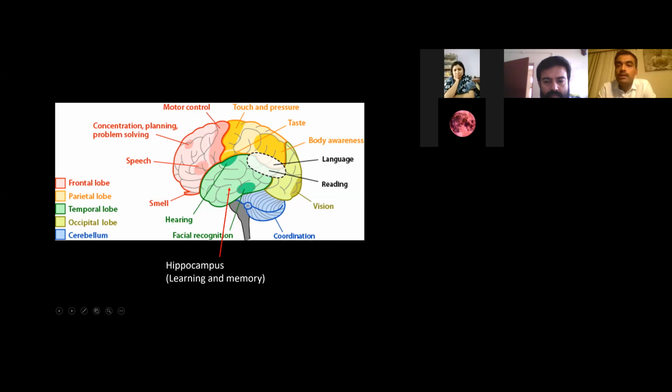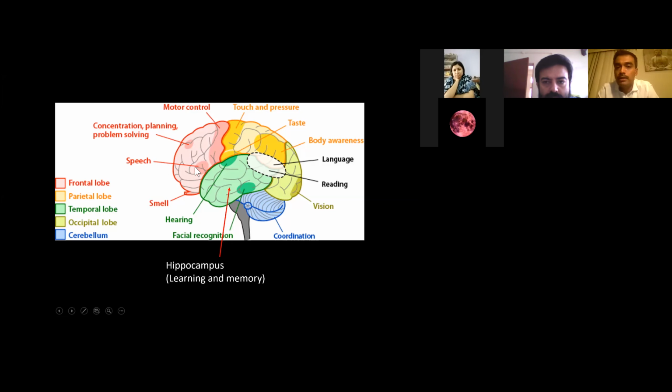Each of those regions performs one specific task. For example, speech is regulated by the frontal lobe, smell is regulated by another region, and the temporal lobe is essential for hearing and facial recognition. Vision is regulated by the occipital lobe. So every region has specific tasks.